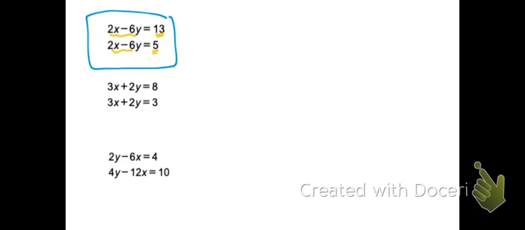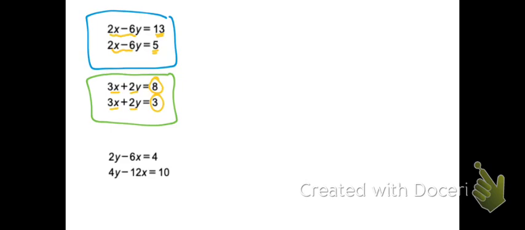So that means these are parallel. The same with the second set, system of equations. We have 3x plus 2y, but this one's equal to 8, this one's equal to 3. If we graph these two equations, we would see that they're parallel.